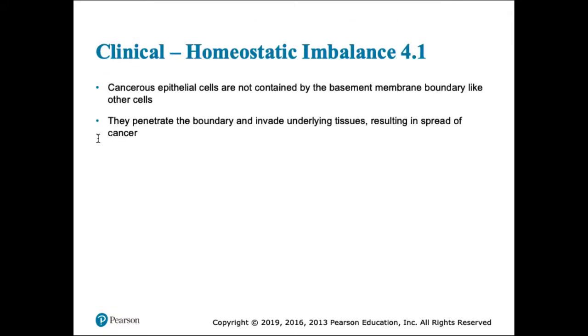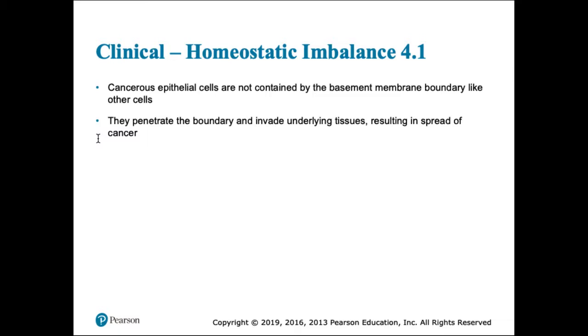Now, one interesting thing about this is cancerous cells. Cancerous epithelial cells are not contained by a basement membrane boundary like other cells. They're able to penetrate that boundary and invade underlying tissues, resulting in the spread of cancer. Our normal epithelial cells just stay in check. They're blocked by the basement membrane. It's a boundary and they don't cross it.